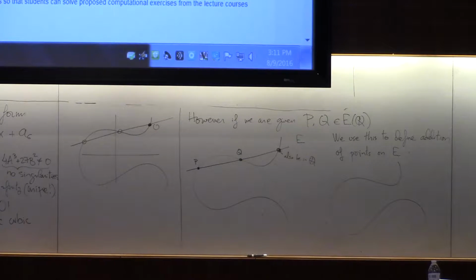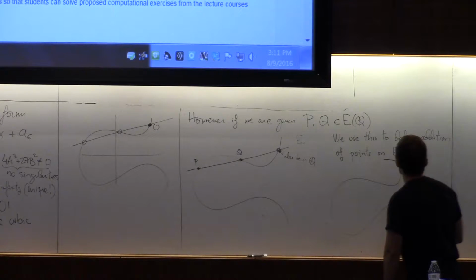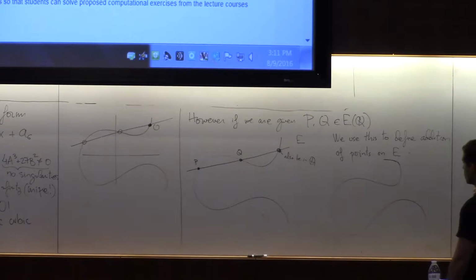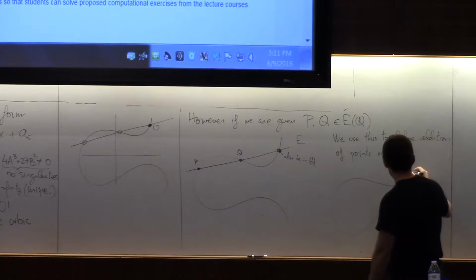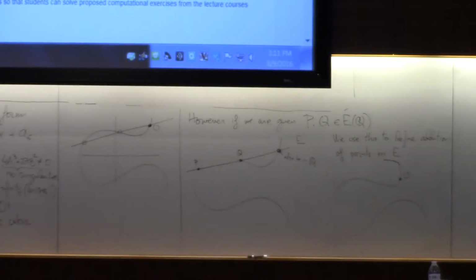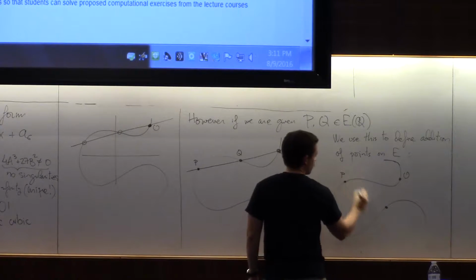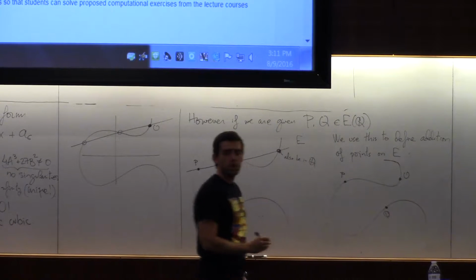Okay, so let's see if I did it right. So first of all, you need to have an O. Okay, so here is my O. This is my 0 for my addition, and now take 2 points P and Q, and I want to define P plus Q.